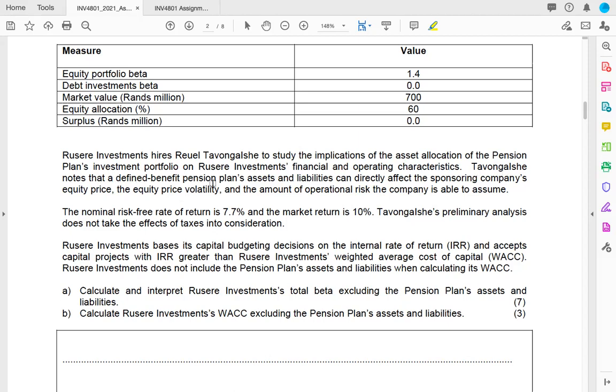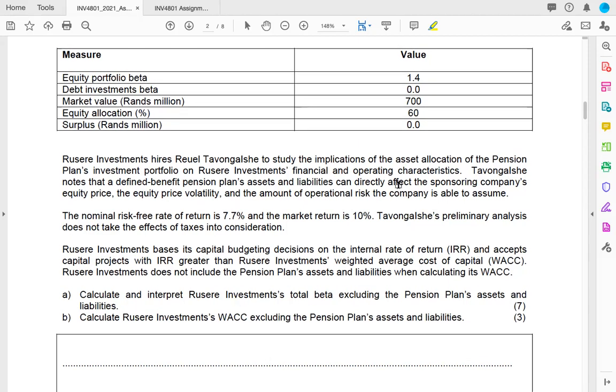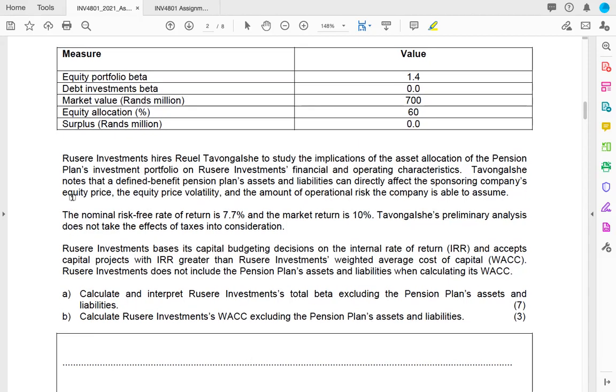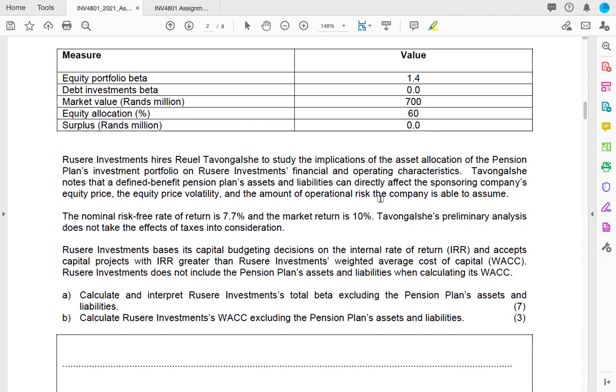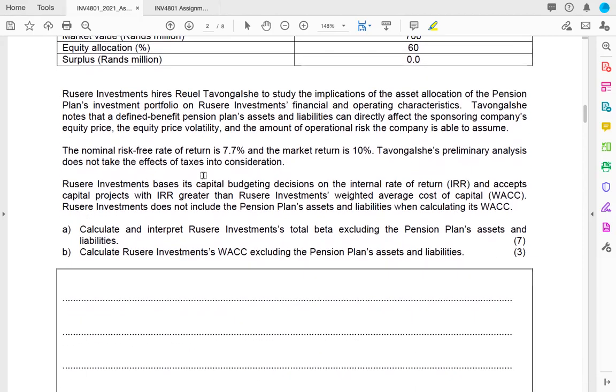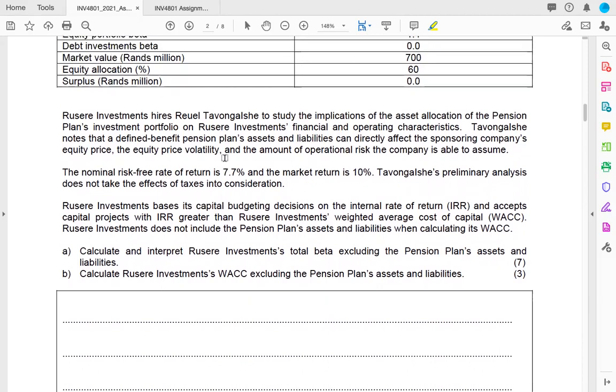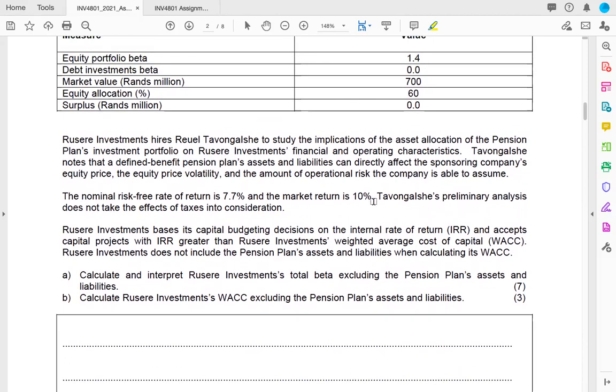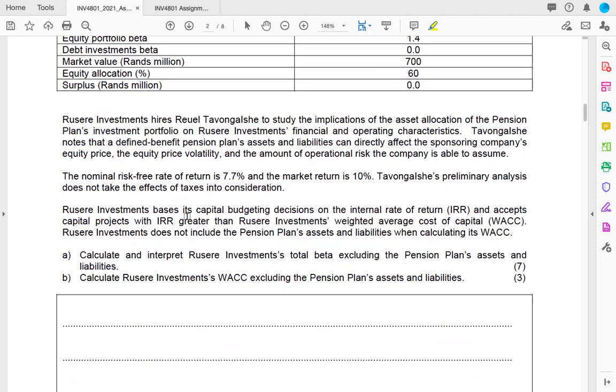Tavongaishe notes that a defined benefit pension plan's assets and liabilities can directly affect the sponsoring company's equity price, the equity price volatility, and the amount of operational risk the company is able to assume. Okay. The nominal risk-free rate is 7.7%. The market rate is 10%. Tavongaishe's preliminary analysis does not take the effects of taxes into consideration.